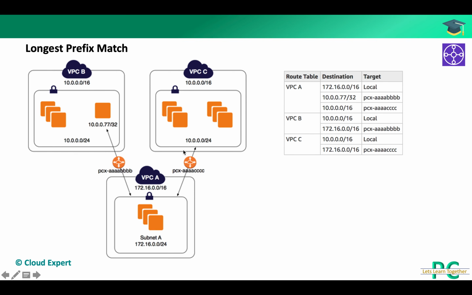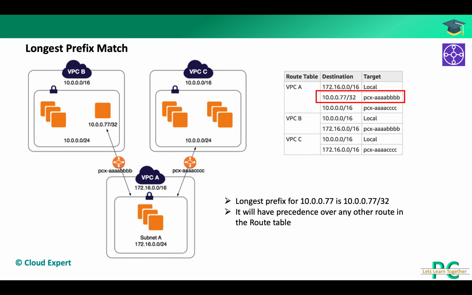Any other traffic will be routed to VPC C. This technique is called longest prefix match, because here we have used /32. That means this is a single IP address. So if you see, the longest prefix for 10.0.0.77 would be the /32 address, and it will have precedence over any other route in the route table.